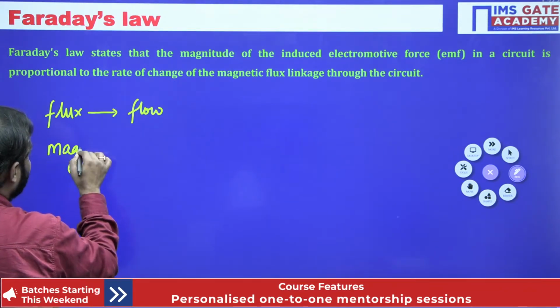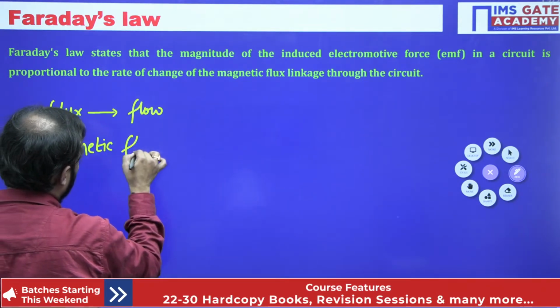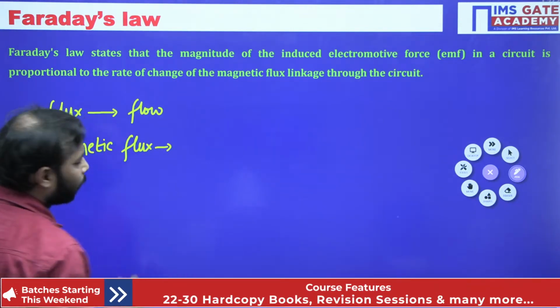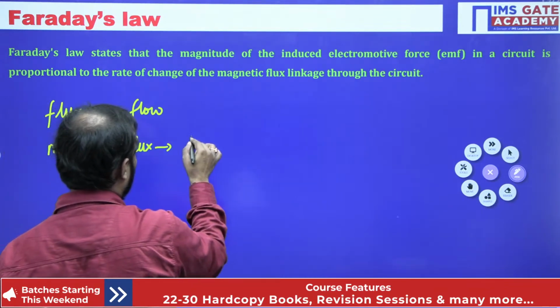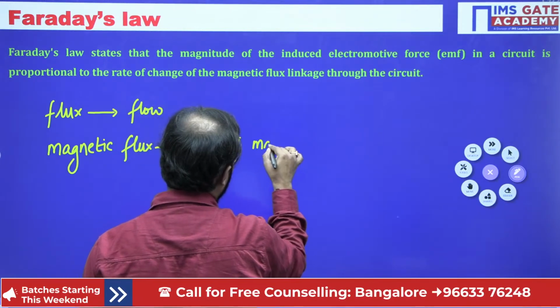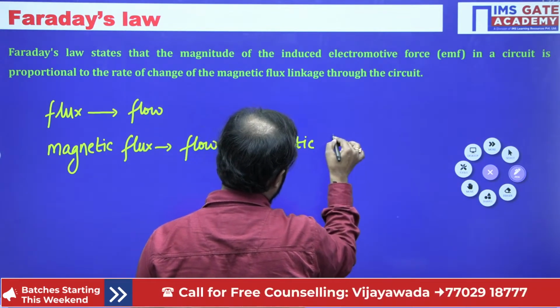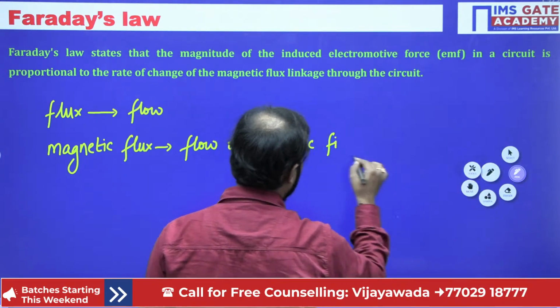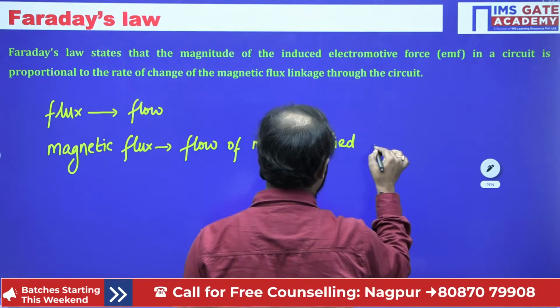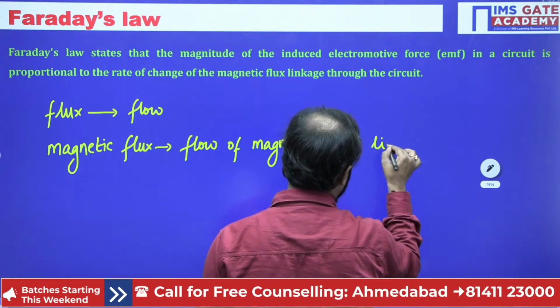Then what is magnetic flux? This we have seen in lecture 3. Magnetic flux is basically the flow of magnetic field lines.